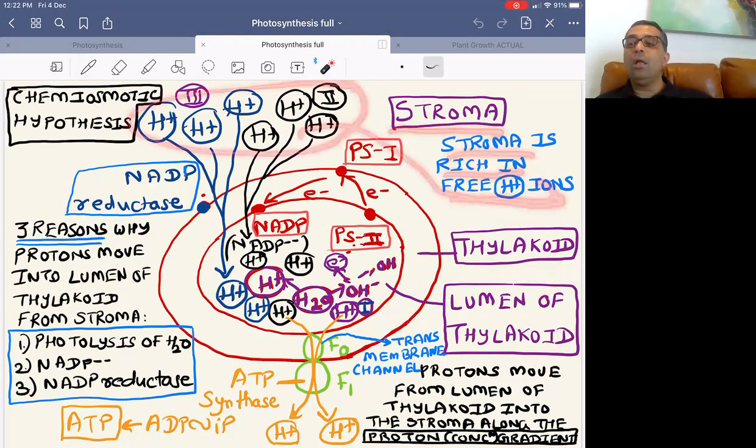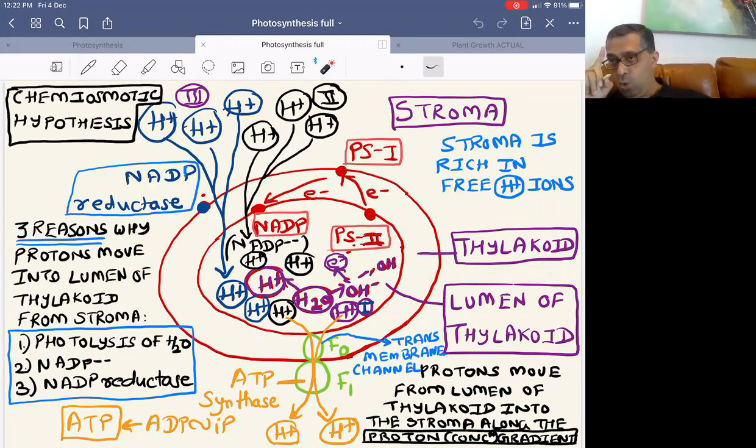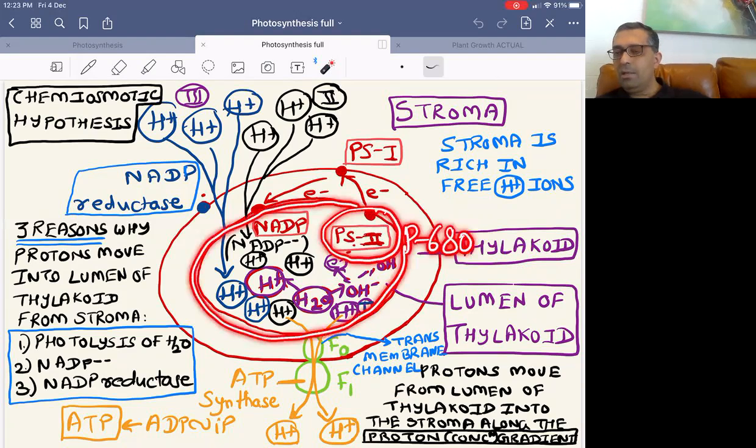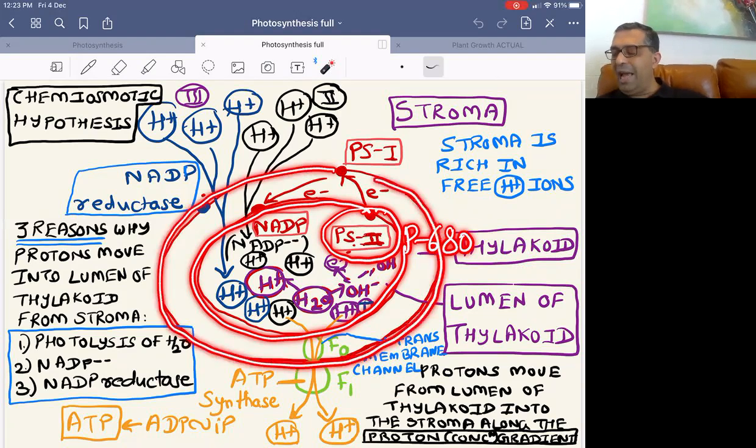And third, ध्यान से सुनना. I hope you remember, we have photosystem 2, PS2 or P680 on the inner membrane of the thylakoid. याद है मैंने बताया था. And on the outer membrane of the thylakoid, we have photosystem 1 or P700. And we have NADP.